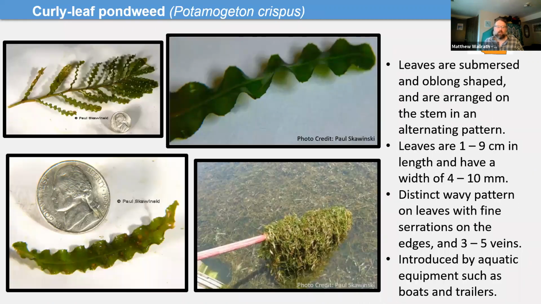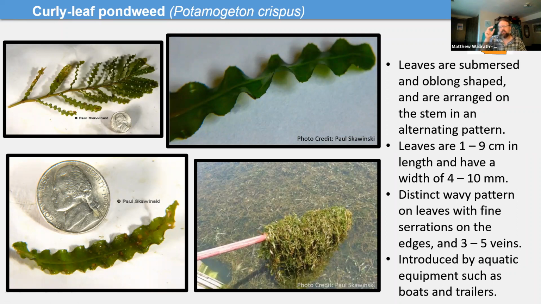Another one that's common is curly leaf pondweed. I call it lasagna noodles, and it's quite small. It has this wavy look to it. It's distinctive in that nothing else looks quite like this. It's quite rigid, with these lasagna noodles. You can make a hot dish out of that. You can almost imagine that. And then it will snap off the end of its growth structures and make these things called turions.